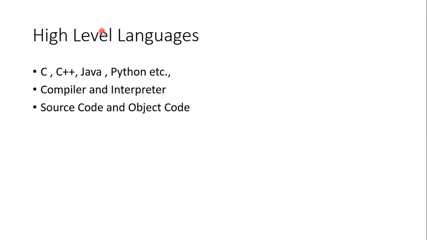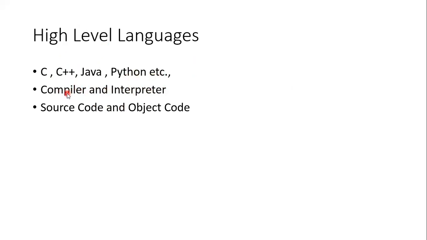Similarly, if you use a high level language, again we need a translator. That translator is called a compiler or an interpreter. Some systems use the compiler and some systems use the interpreter. Both are the same.